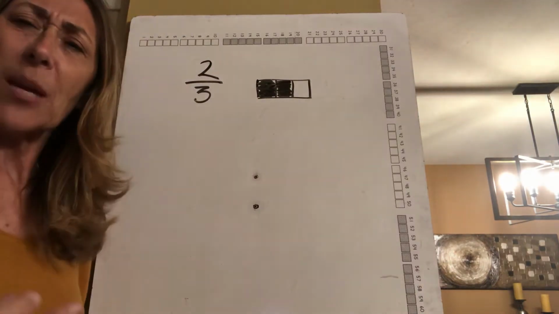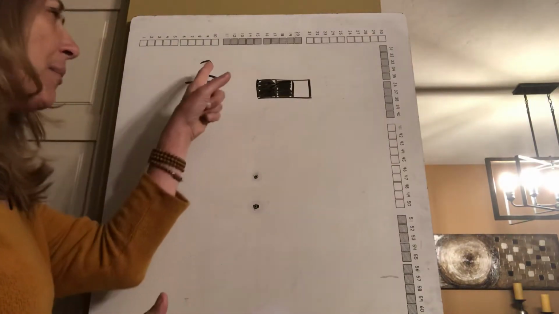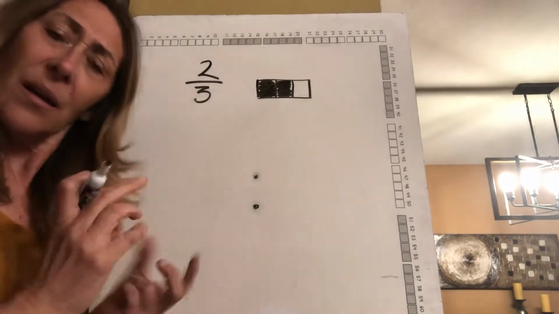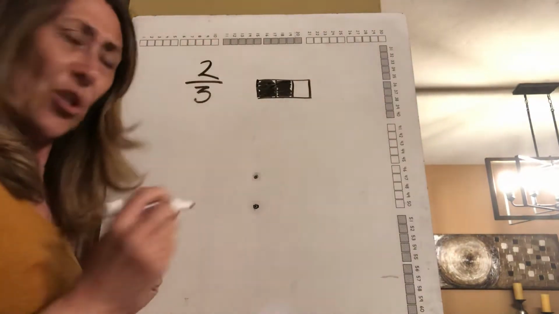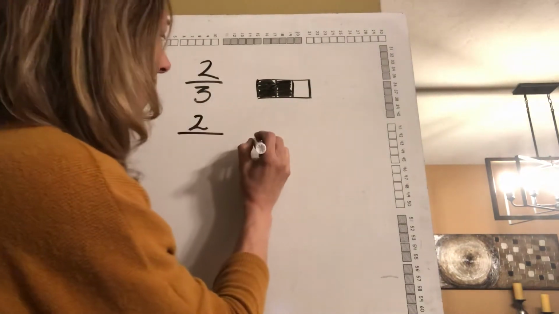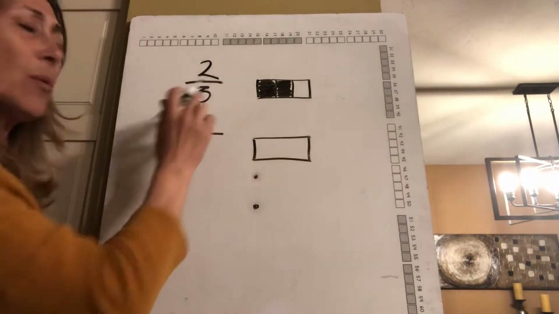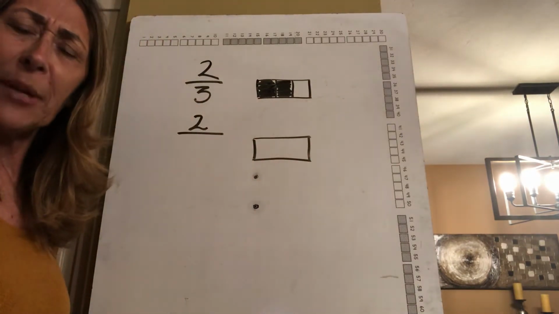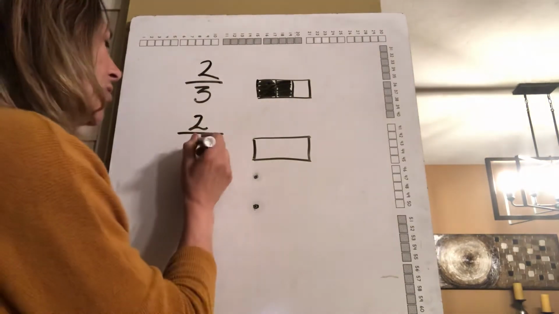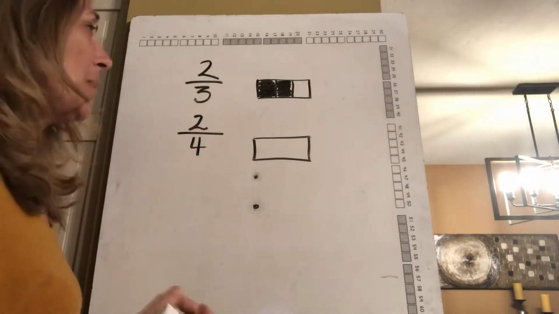So if I were to compare 2/3 to, I'm going to use my same numerator, which is 2, which means I want 2 pieces. But now I'm going to take that whole fraction bar, and remember the denominator tells me 4. So I'm going to break it into 4 pieces.